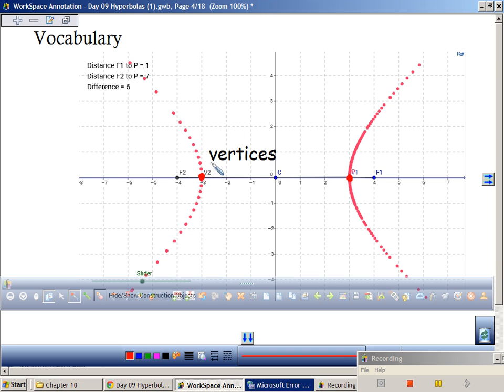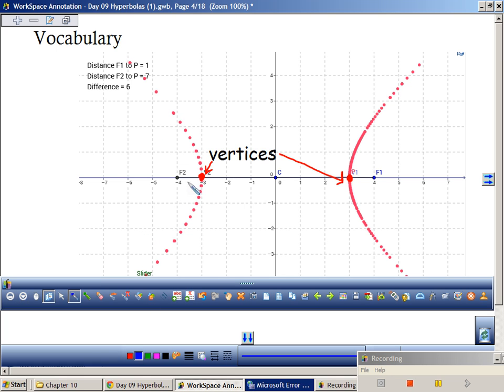Okay, so what do you think I call these? The foci. Good. You know, some people do call them foci.